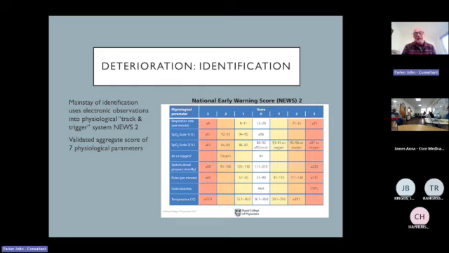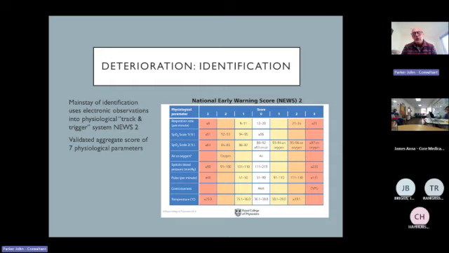It is validated. A lot of research has been done to show that it quite accurately predicts patients' risk of death. And it's important to mention that it's not risk of deterioration, it's risk of death. For example, someone with a score in the teens, 13, 14, you won't expect to still see alive tomorrow. But it's set up where we start to get really worried from a score of about 5 onwards.